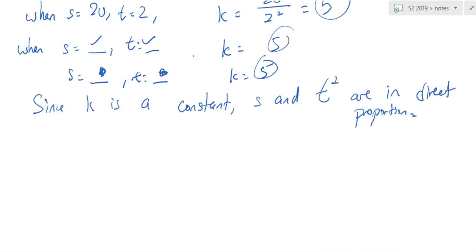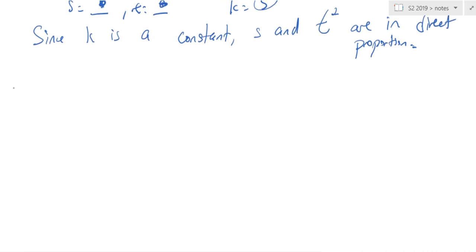I'm going to start 7b now. So can I read out 7b to you? 7b says, hence express S in terms of T. So this 7b actually asks you, are you able to write an equation to connect S and T? The answer is yes, because you already know S equals K over T squared.